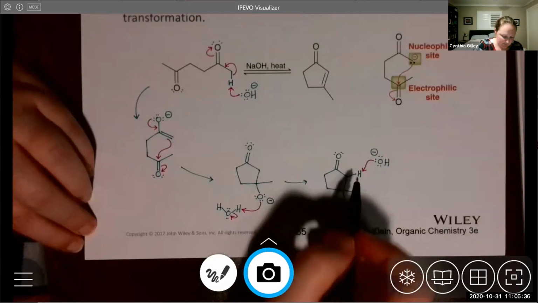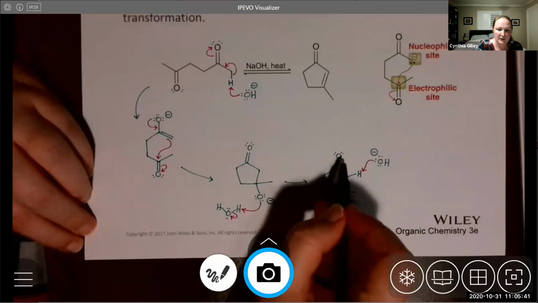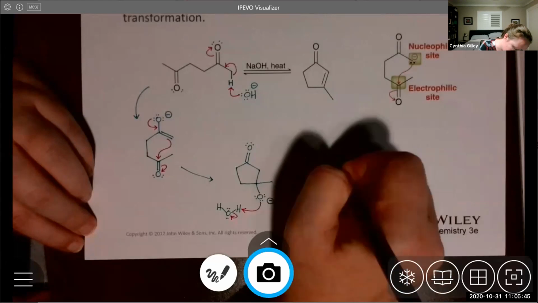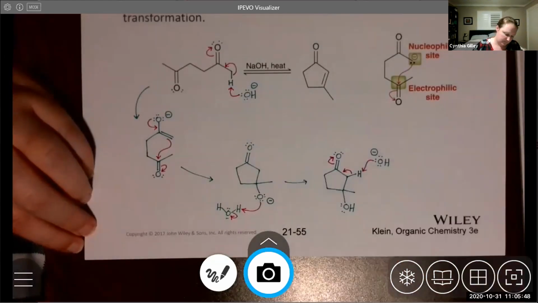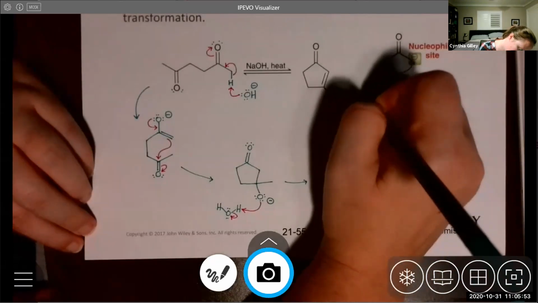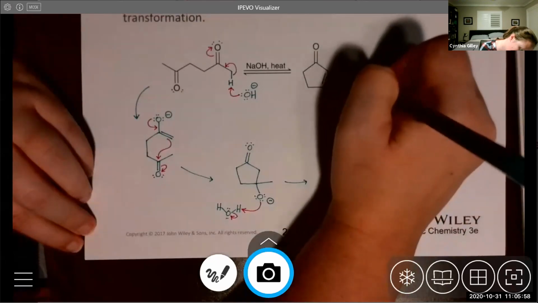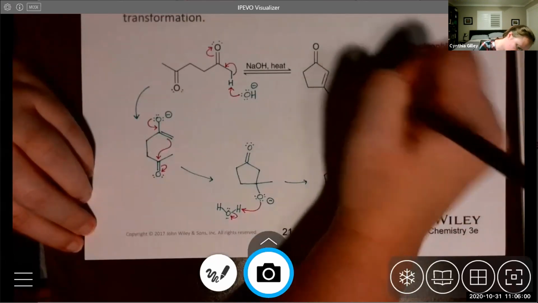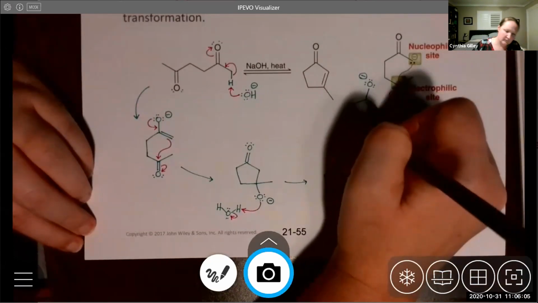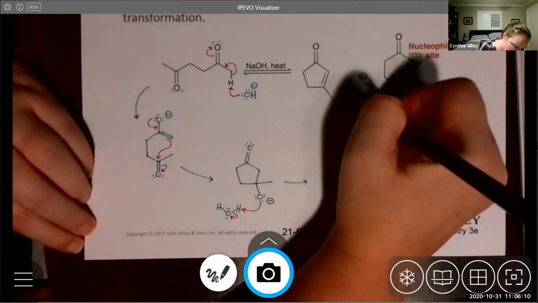Again, I can deliver these electrons to this carbon, or I can move the electrons all the way up to the oxygen. So if I want, I can go all the way up to the oxygen. Forming an enolate, which then kicks out hydroxide.